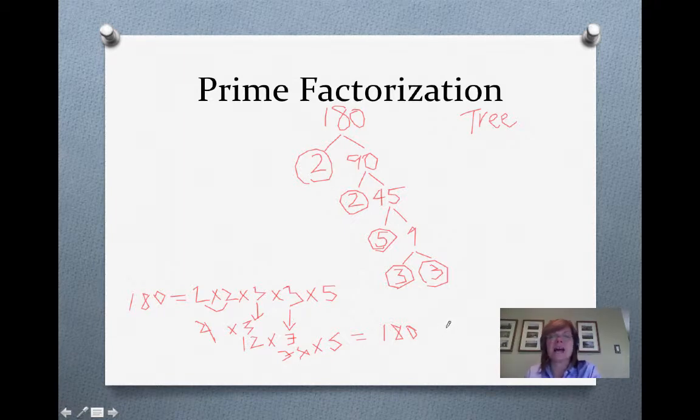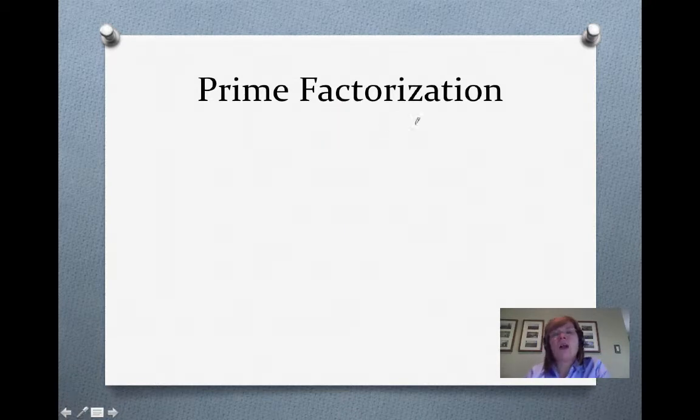That's awesome. So that's a prime factorization tree. Now, let's look at how to make a prime factorization ladder. A prime factorization ladder starts very much the same way. We'll start with 180, our starting number, but now we're going to make rungs in a ladder. On the outside of the rung, we always have to have a prime factor. So we're going to be thinking of prime factors times another number that will give us the number inside of the rung.